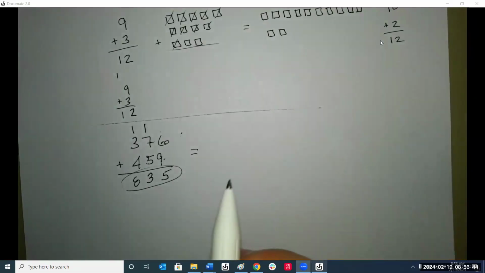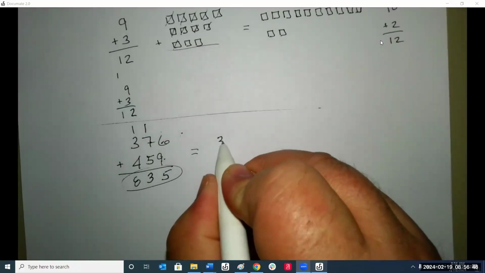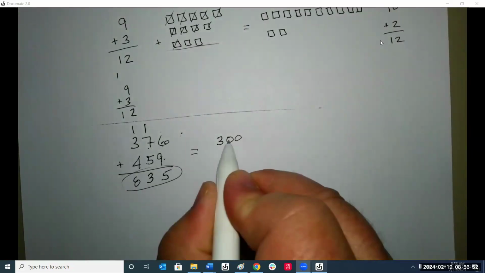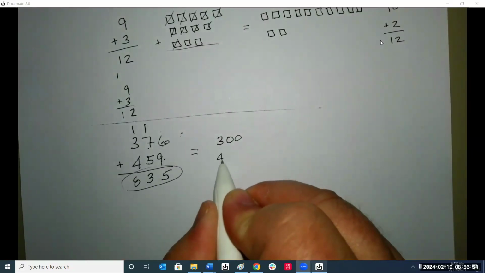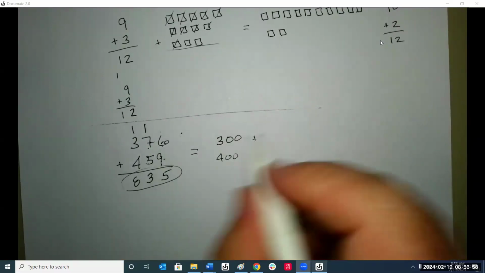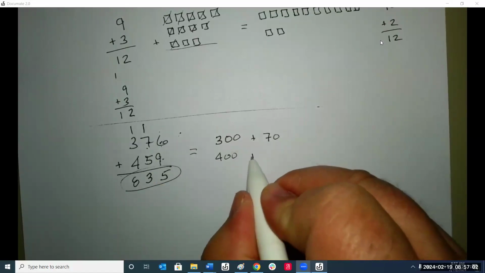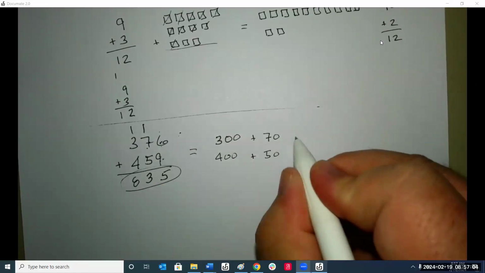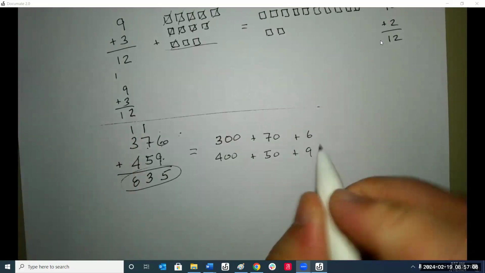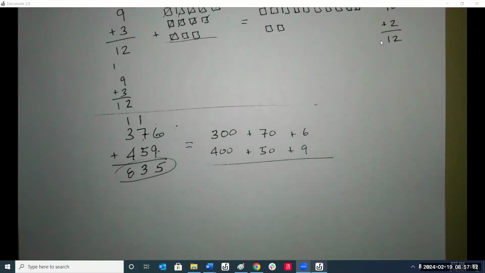Or it may be easier just to go and do the expansion. So there's 3, it has 2 spaces. 4 has 2 spaces. There's 7, has 1 space behind it. There's a 5 with 1 space behind it. And it's 6 and 9. The expanded version may help them even more.